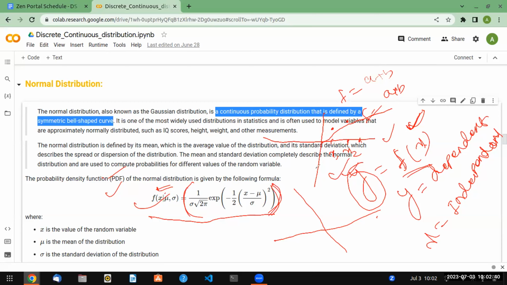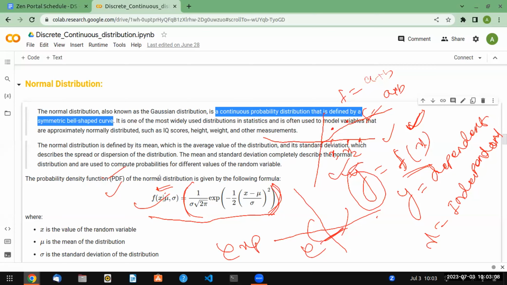That means once you pass this x inside a function, so this is my function. Here the function is an exponential function, e to the power. Exp means e to the power something. Now, when you call a Python library which will help with normal distribution, this is happening in the background. It is calling an exponential function.